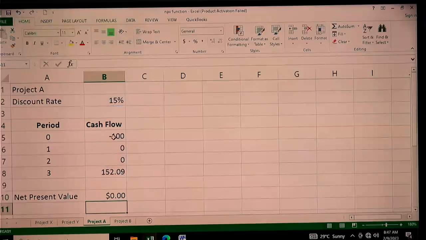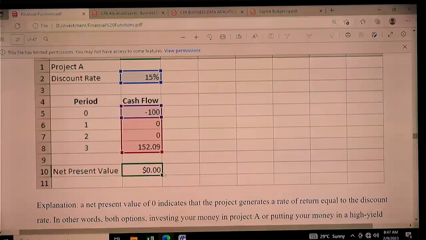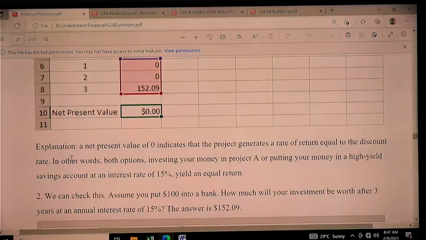Notice that we get 0. What does this imply? A net present value of 0 indicates that the project generates a rate of return equal to the discount rate.